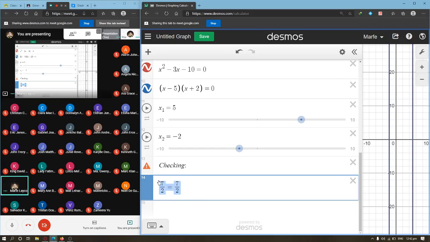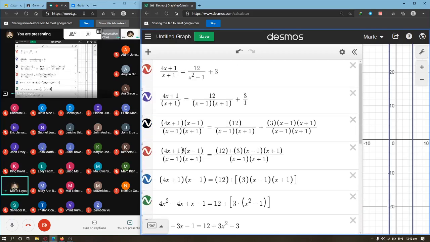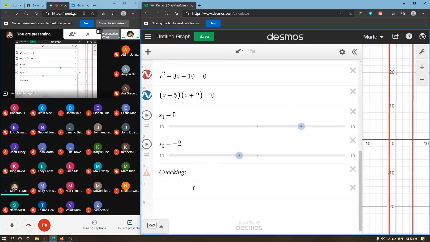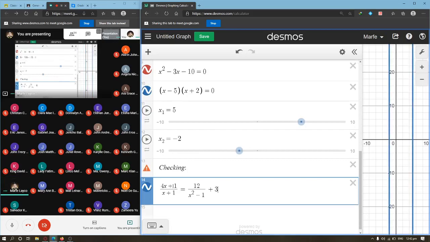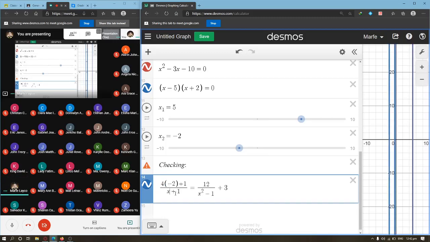Next. Sir, paano naman kung yung negative 2? Sige, negative 2 yung gagamitin natin. Parehas din ba yung lalabas? So, evaluate. Multiply by negative 2. Yung x mo, negative 2.